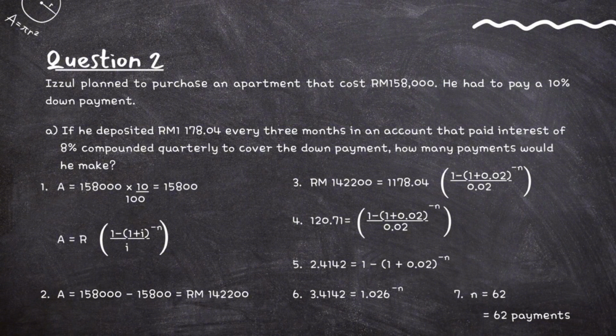So 142,200 equals 1,178 ringgit 4 cents times (1 minus (1 plus 0.02)^(-n)) divided by 0.02, which you have to use logs to calculate, and which results in n equals log 3.4142 divided by log 1.02, equals 62 payments. That's all for question 2.